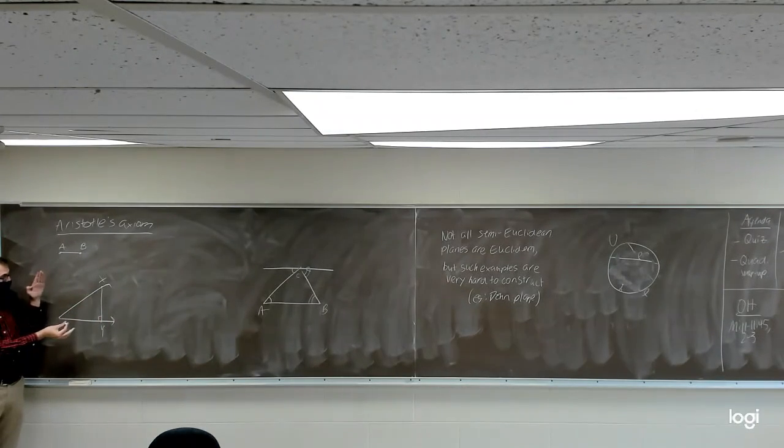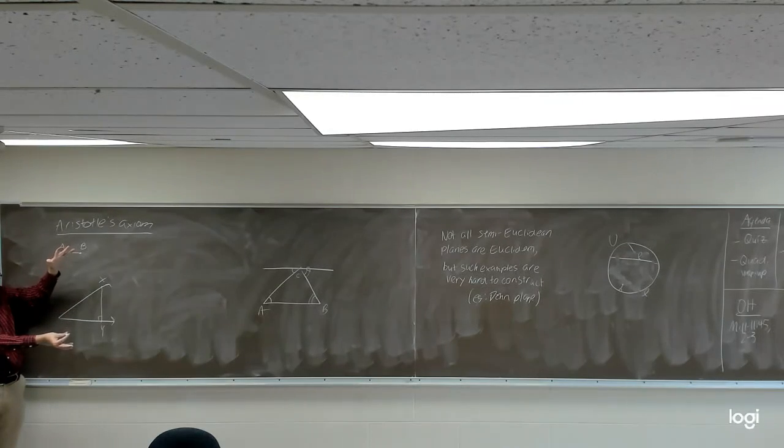intuitively, these two rays are getting far enough apart so that eventually I can make a line segment between them like this that's going to be longer than AB, no matter how big AB was to start.